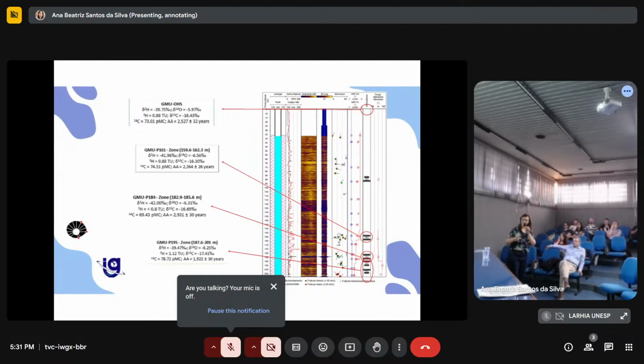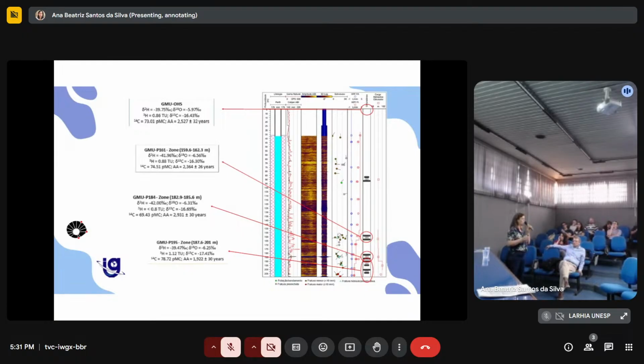So this packer investigation was performed only in this well, not in all the wells. Here, if you look at this column, these are the structures that the well crosses. So we can see that there is a concentration of structures here, and then another concentration of fractures, and then there are fractures at the bottom of the well.